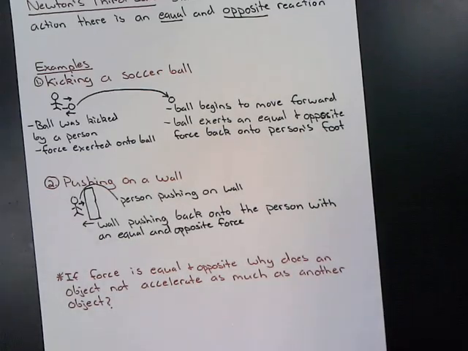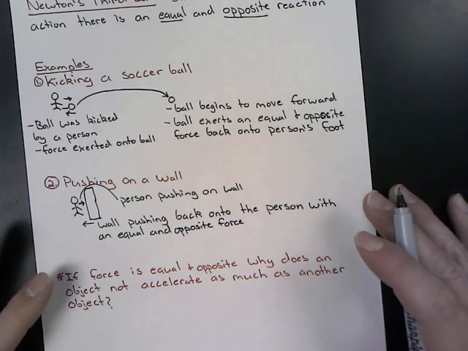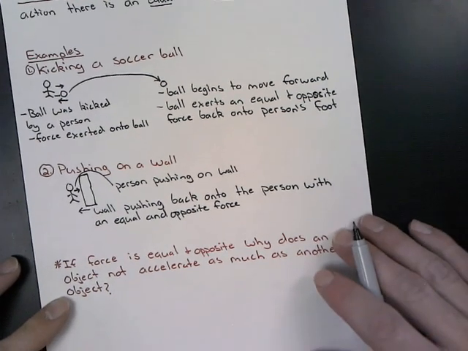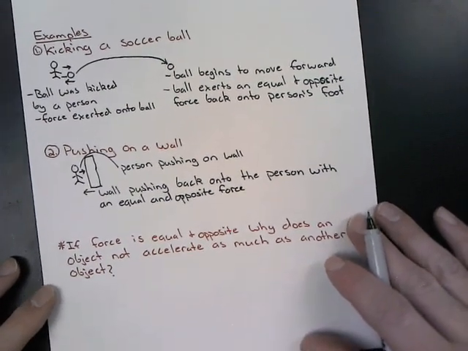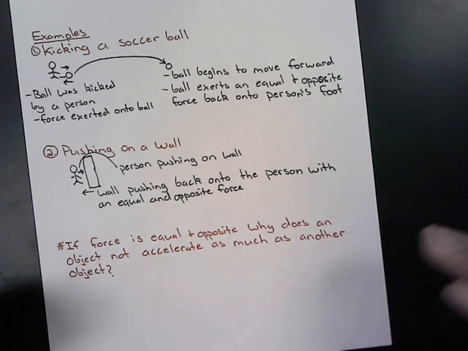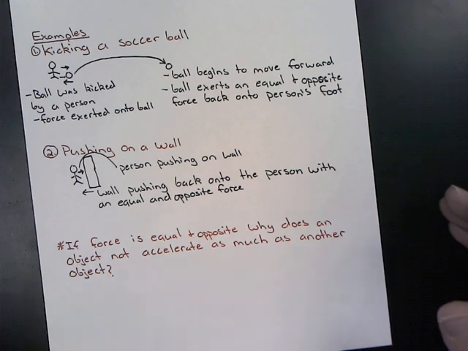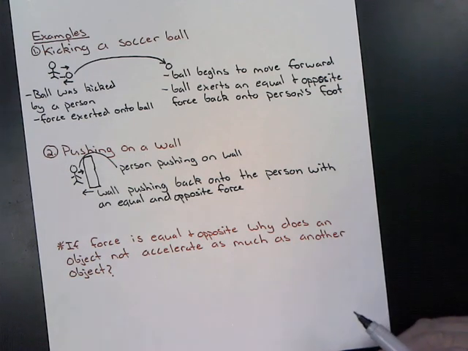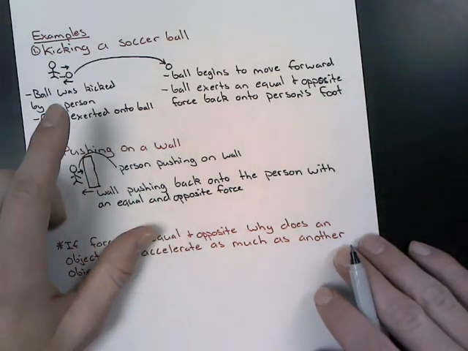Now, the question that comes to my mind after thinking about Newton's law and going through these examples is this: if a force is equal and opposite, why does one object seem to not accelerate compared to another object? Let's take the soccer ball example.